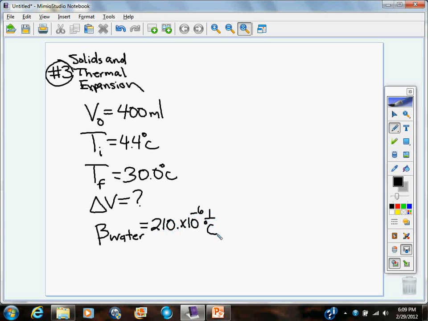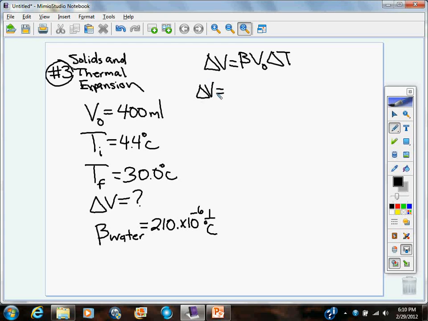Expansion. So now, in order to figure out the change in volume, my change in volume is just equal to beta times your initial volume times your change in temperature.